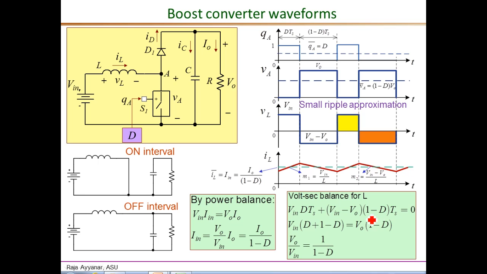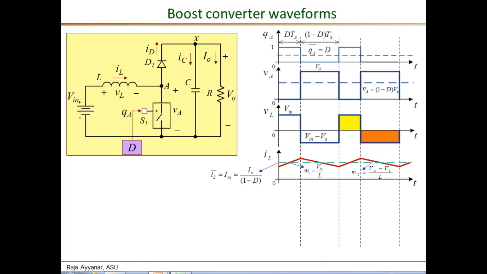During the off interval of duration 1 minus d times Ts, the magnitude is Vin minus Vo. The average of VL over one complete period is equal to 0 by definition of steady state. Collecting all the Vin terms together and Vo terms separately, we get Vo over Vin equals 1 over 1 minus d, which is exactly what we derived in the previous slide.